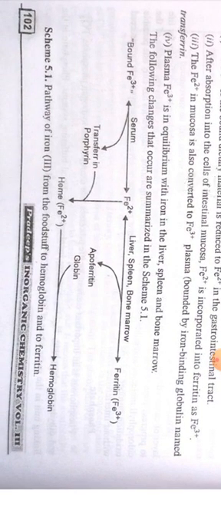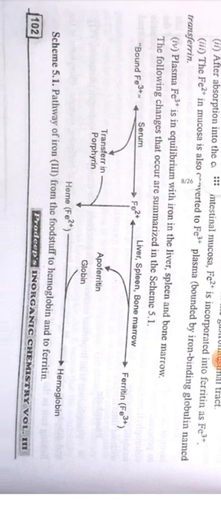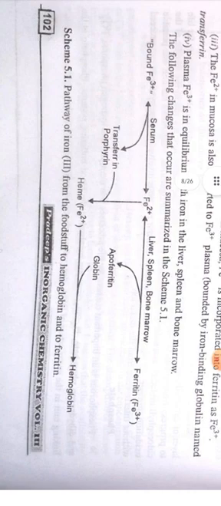Plasma Fe3+ is in equilibrium with the iron in liver, spleen and bone marrow. The flow changes that occur are summarized in Scheme 5.1. Scheme 5.1: pathway of iron from foodstuff to the hemoglobin and to the ferritin.